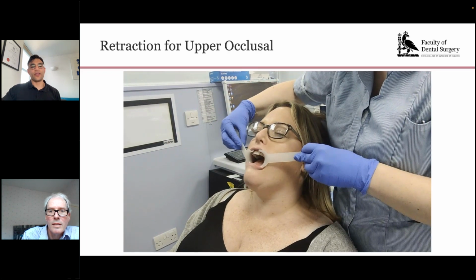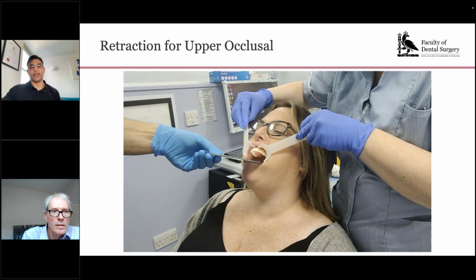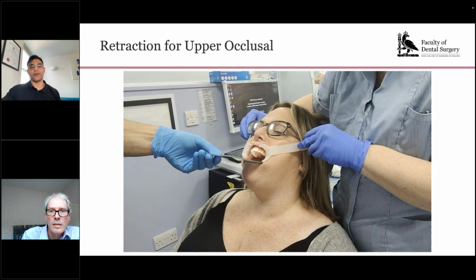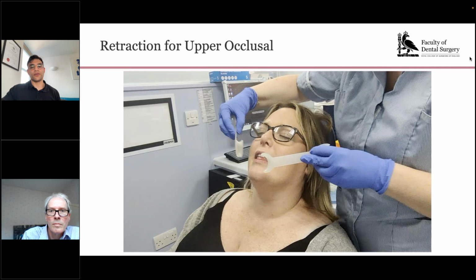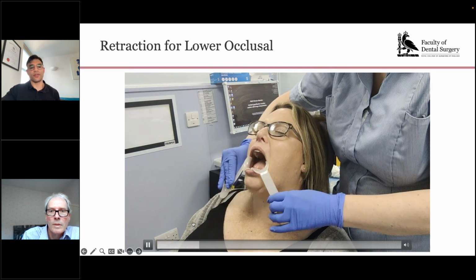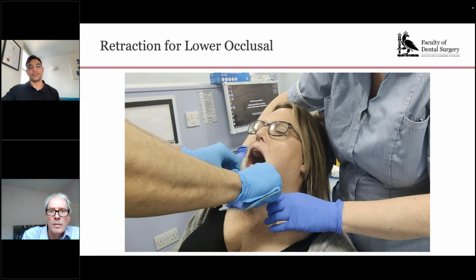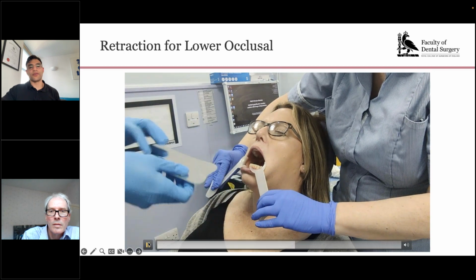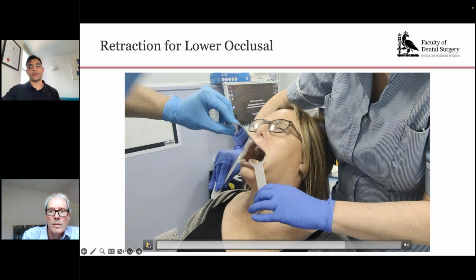So you have the patient seated just like you normally do, and you place the mirror into the patient's mouth like that. And then what you want to do is not that. What you want to do, if I can pause it at the right time. Let's start with the mandibular. You get the patient to open wide, you get the retractors in the right place, you put the mirror in, and the key with the mandibular photograph is to get the patient to put their chin up as high as possible.